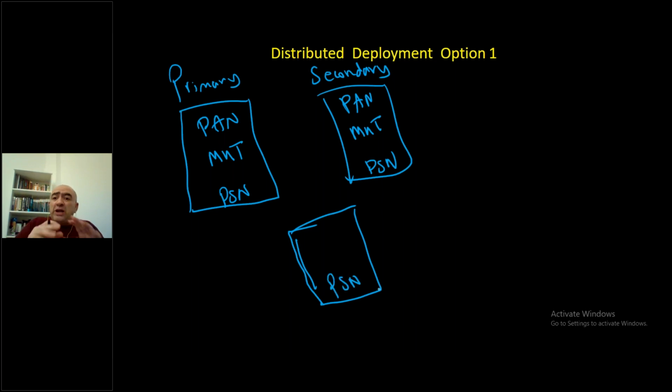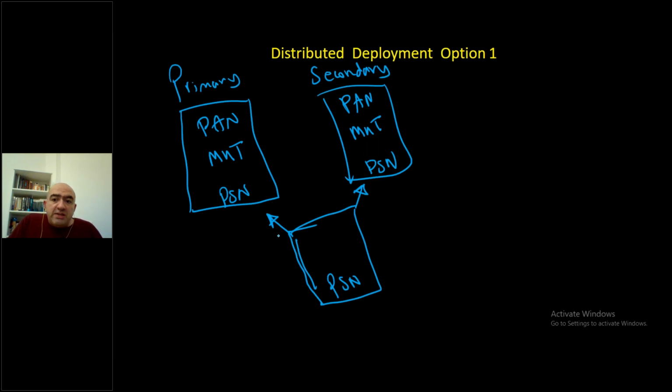This is what we call a non-administration node, non-PAN. This third device here will send hello messages to the primary and secondary, and especially to the primary. And it will keep sending these heartbeats to the primary to make sure that the primary is online.